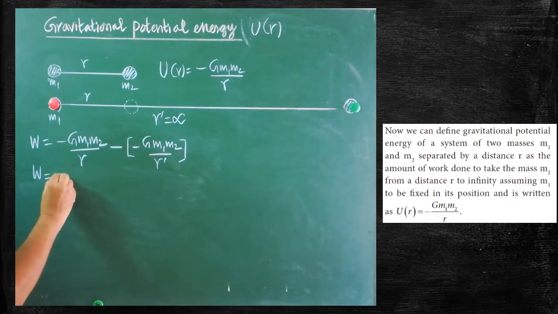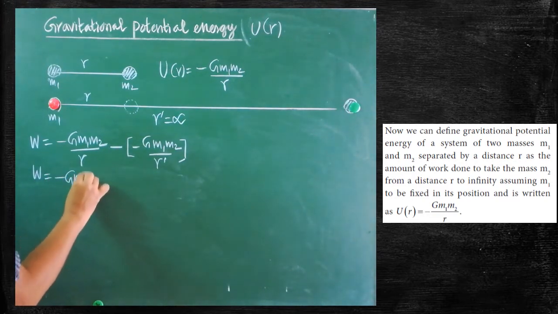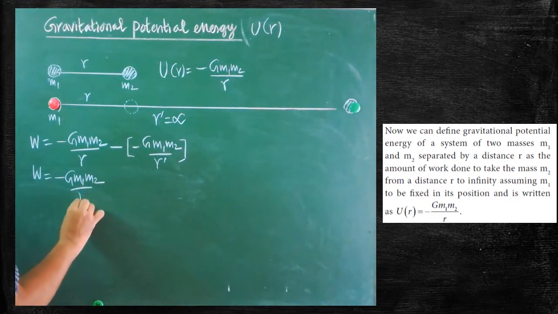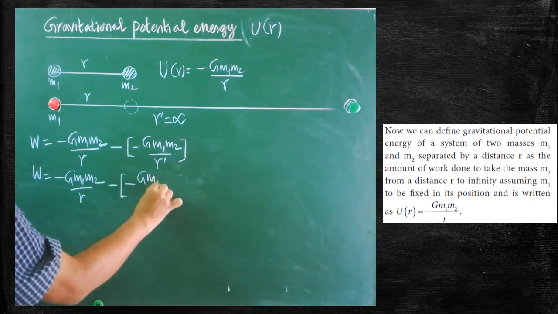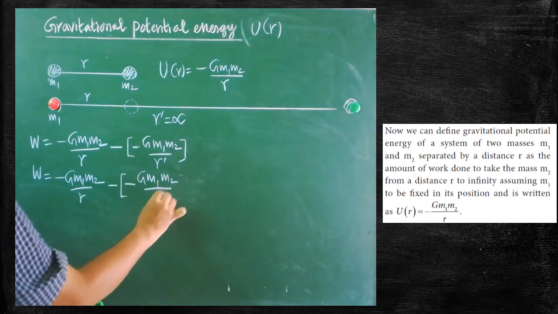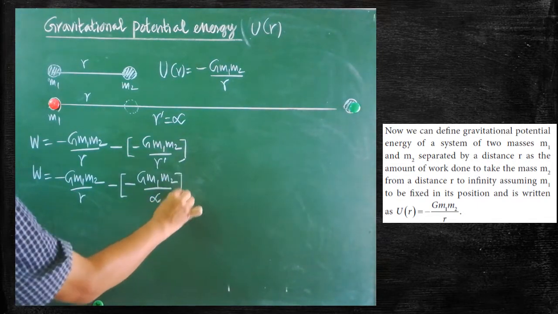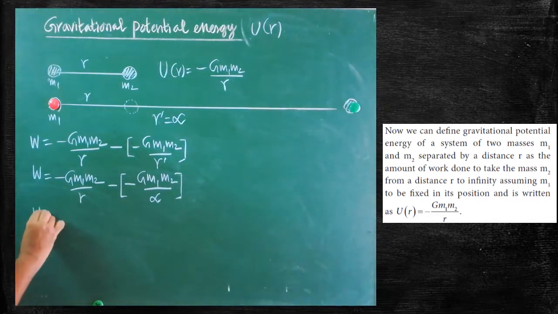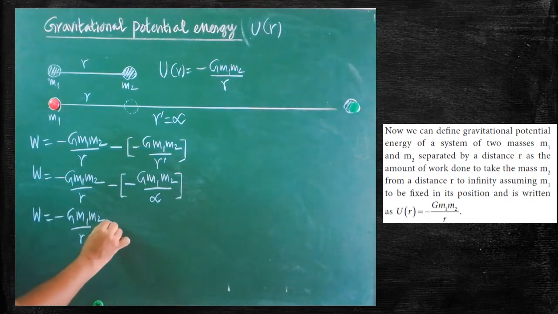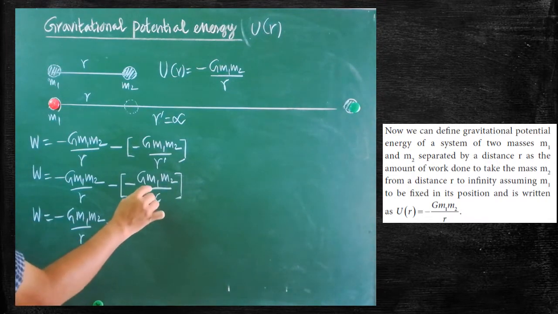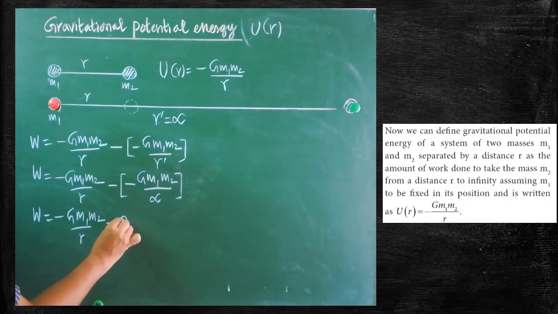W is equal to minus G m1 m2 divided by r minus of minus G m1 m2 divided by, instead of r dash, I am substituting infinity. So W is equal to minus G m1 m2 divided by r, and the other factor becomes 0, because anything divided by infinity becomes 0.